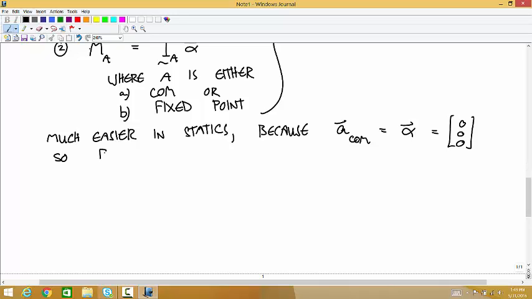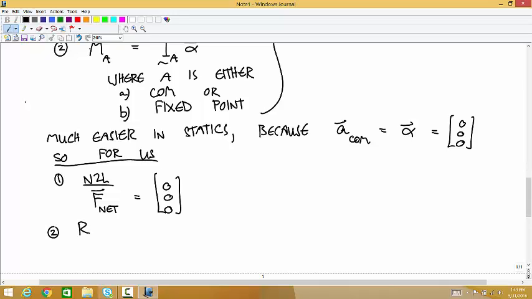So for us, our first equation is Newton's second law, and it says that the net force is equal to 0. And the rotational version of Newton's second law says that the sum of the moments about a point A are equal to 0.